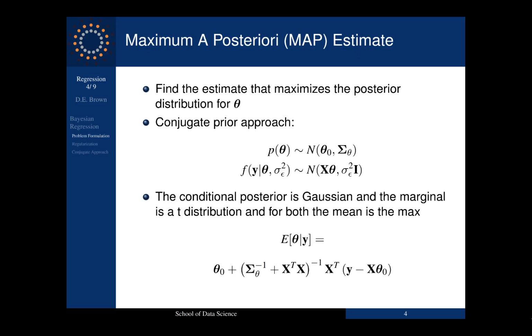And we can just use the results that we found from our conjugate analysis to directly write down the estimate for the expectation of the posterior mean, and that is as shown. And notice that in it we have, as we've noted before, the influence of the prior distributions through the parameters of the prior, theta naught and sigma sub theta, as it carries through in the estimate of the mean value for the posterior.